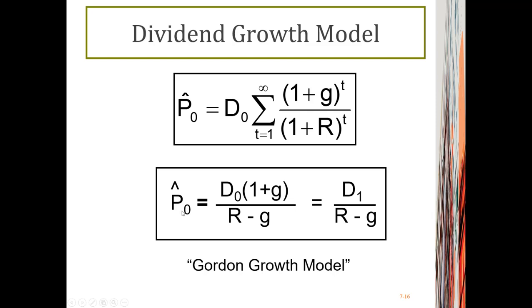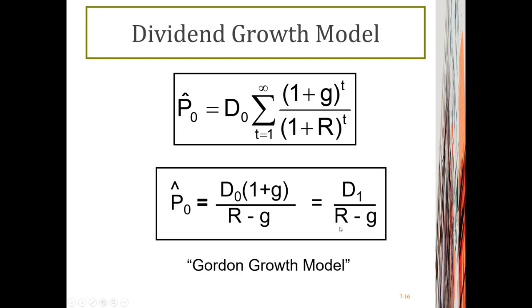Now look at this P0 hat. P0 hat equals D1 divided by the difference between R and G. So essentially there are three factors in this formula that determine stock price. The first one is dividend, the second one is required rate of return, and the last one is G. Only three factors. Notice that the dividend here is not D0 but D1, because only future dividends matter for stock valuation.